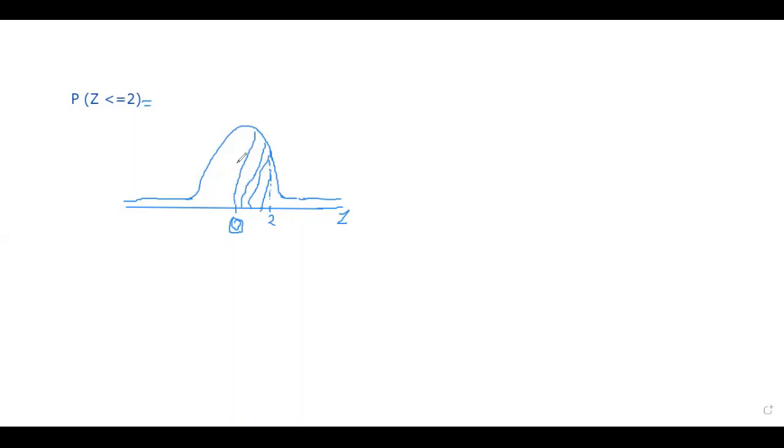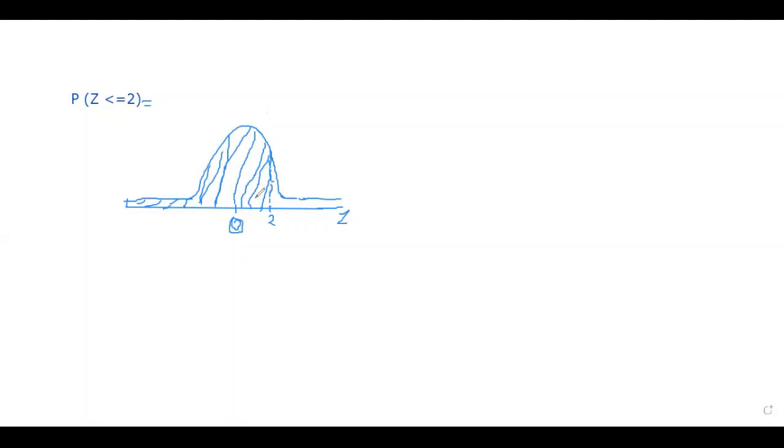You continue shading to the left, because it is negative infinity to the number positive 2. You get it? So the 2 will be the boundary. Are you okay? Yes, please. So we should find the probability that z is less than or equal to 2.